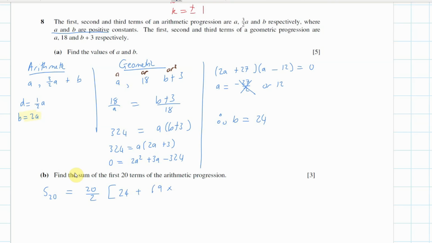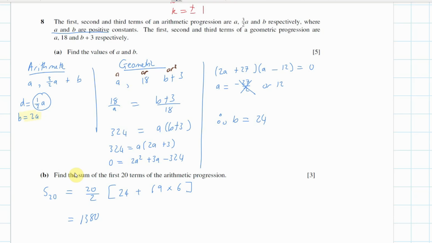Half of a, right, this bit here, half of a. Now a we said to be 12, so half of 12 is 6. Equals, what does this give us? I get 1,380. I hope that's right.